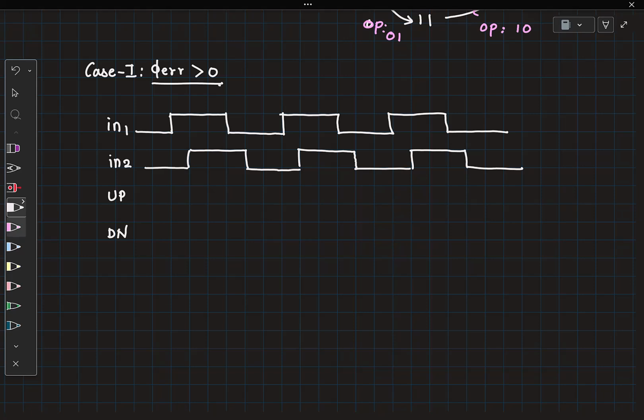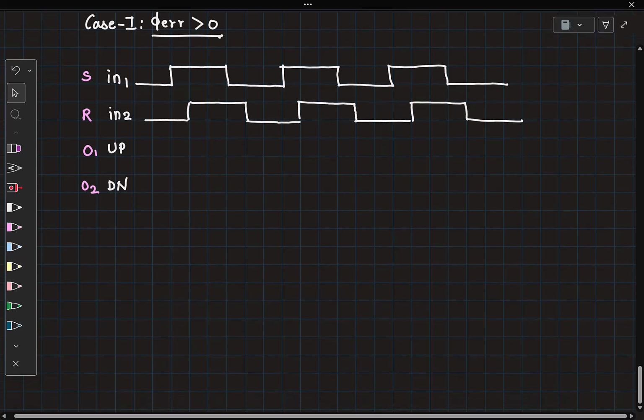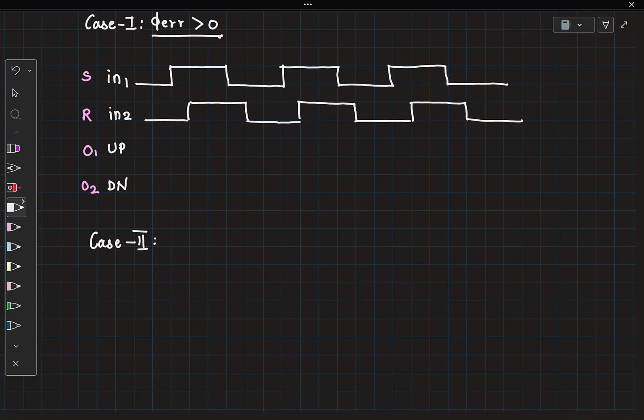So please sketch this. So this was your set, reset, O1 and O2. After you are done with this, you have to plot the second scenario where the phase error is slightly smaller than 0. Here also you will have in1, in2, up and down. So please give it a try. Feel free to discuss and then figure this out.